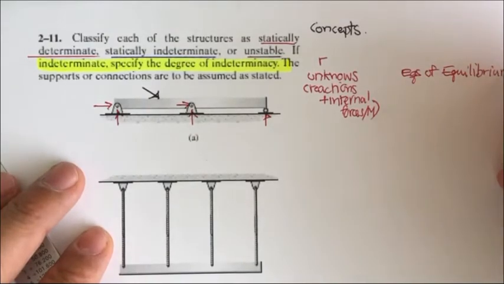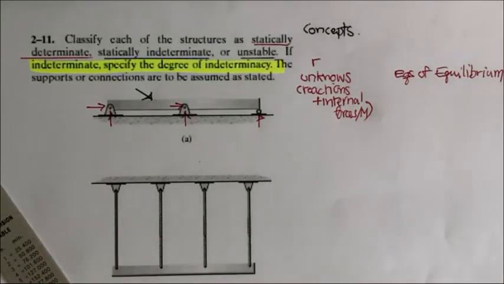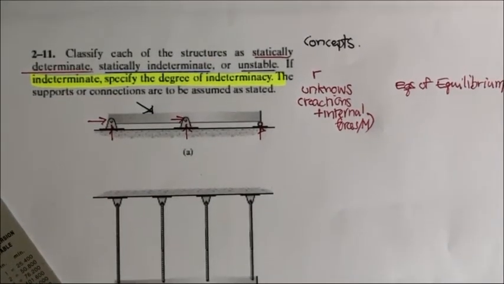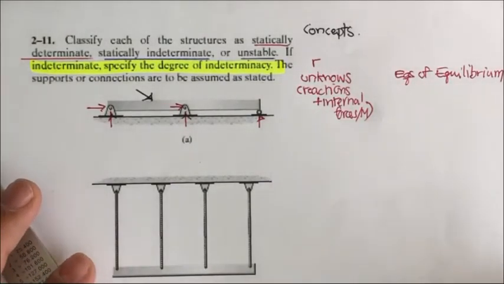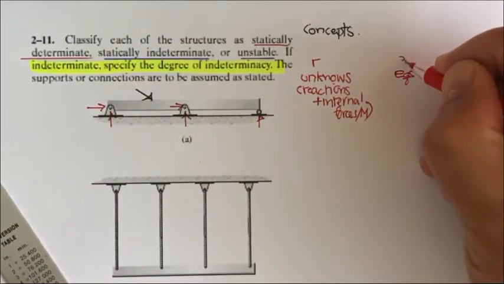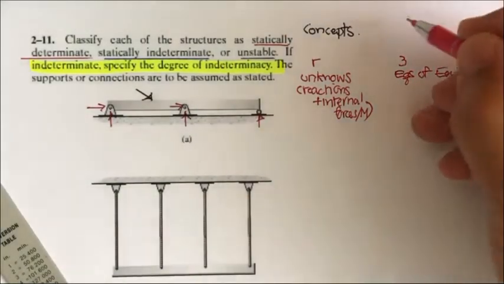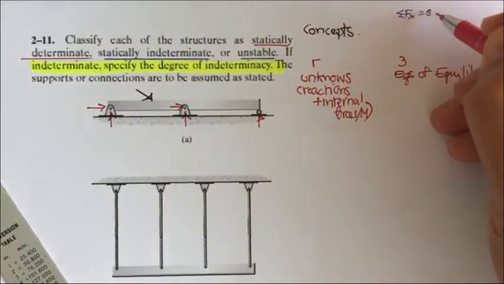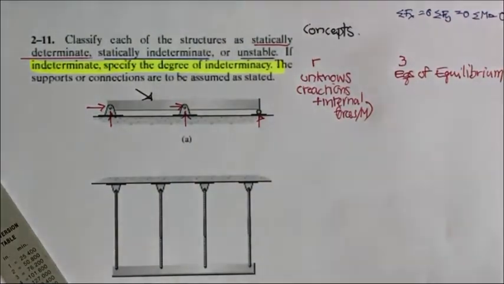As you may recall from statics, most of the structures that we considered before, the R is equal to the equations of equilibrium, and each free body diagram usually has 3 equations of equilibrium, in which summation F sub x equal to 0, summation F sub y equal to 0, and summation moment equal to 0.